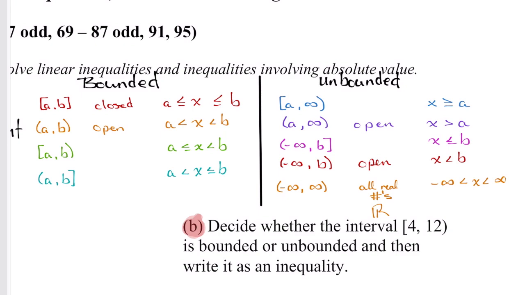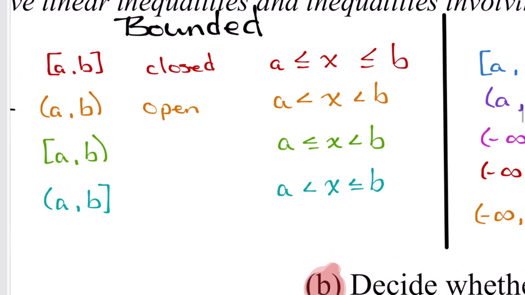We also want to pay attention to the square brackets versus the parentheses. The brackets are used to show an equal, so it's greater than or equal to, so we're including that number. The parentheses just mean that we're around that number, but we're not including that exact number.